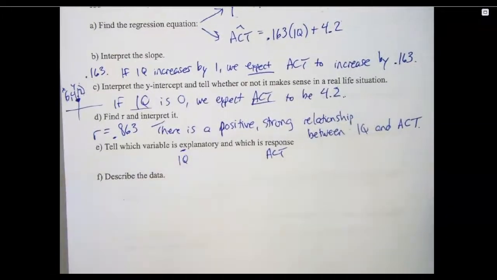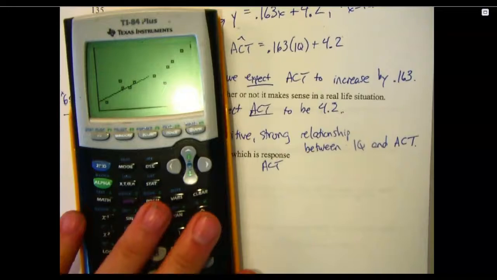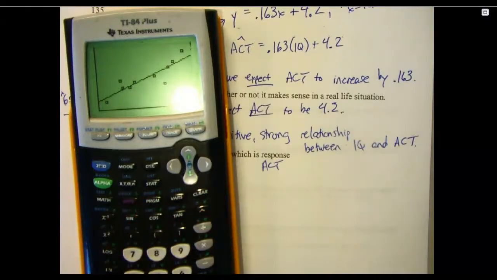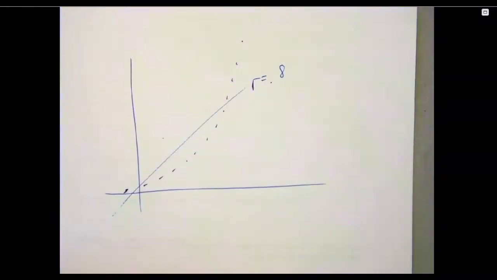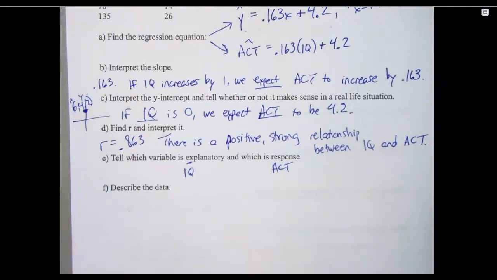So describe the data. It's up there: form, direction, strength, and then put it in context. So the form, linear or non-linear, and that's why we graph it. Is it linear or curved? It's linear. If it's curved, it'll be very obvious that it's curved. Like, it'll look like that. It'll be very curved. So there's a linear. And then the rest of it we've kind of already done. It's positive.